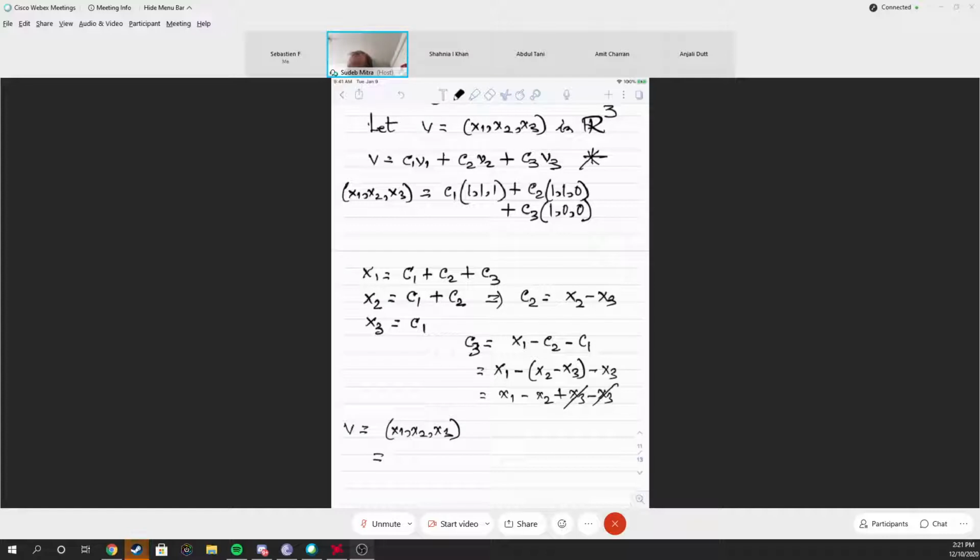C1 is x3 V1 plus C2 is x2 minus x3 V2 plus C3 is x1 minus x2 V3, by star.